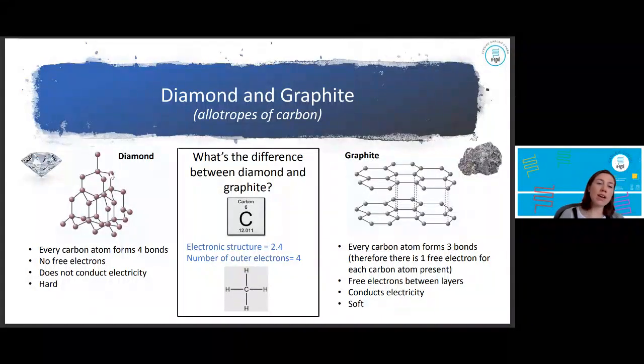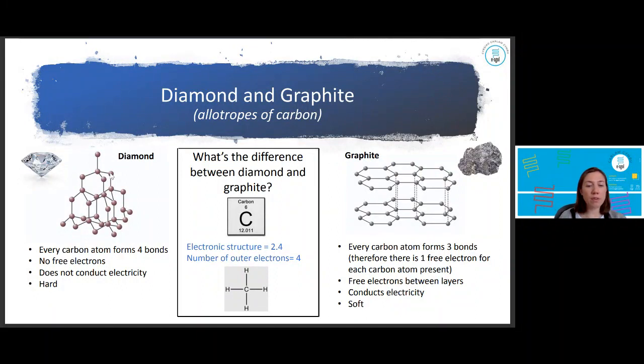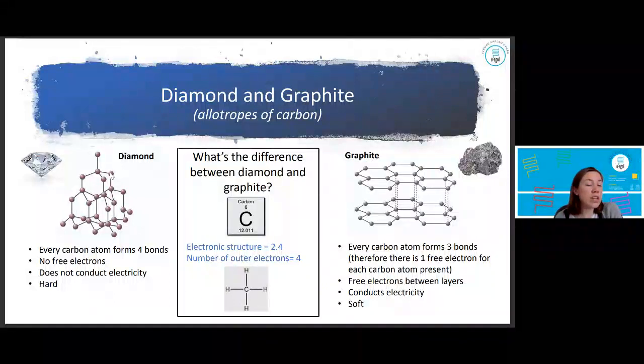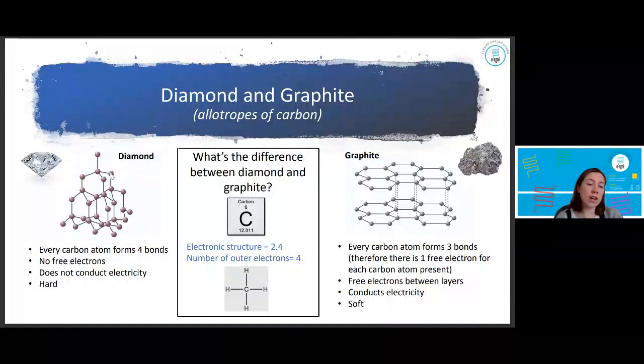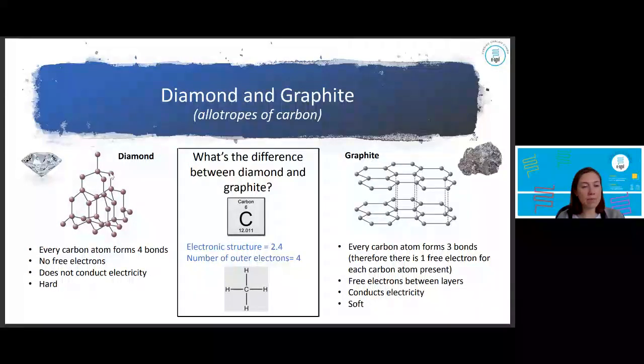Now, remembering back to what we just said, carbon can form 4 bonds because it has 4 outer electrons. That means if every carbon that's present in diamond is involved in forming a bond, there are no free electrons anywhere. There's no sea of delocalized electrons. They are all involved in bonding.